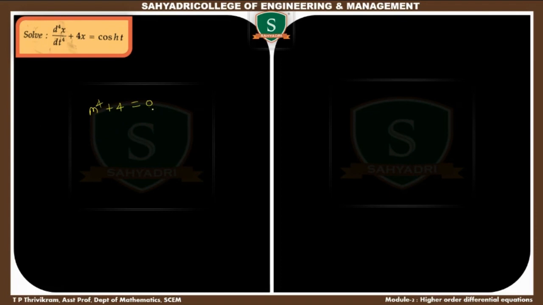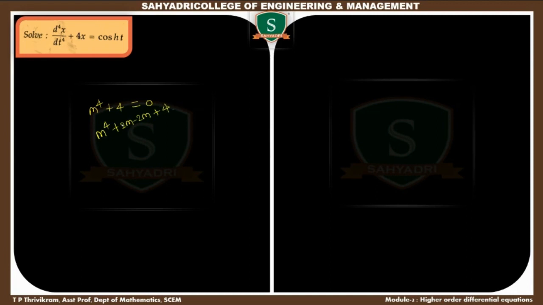Okay. So for that sake, what we need to do is, I can write this one as m power 4 plus 2m minus 2m plus 4.